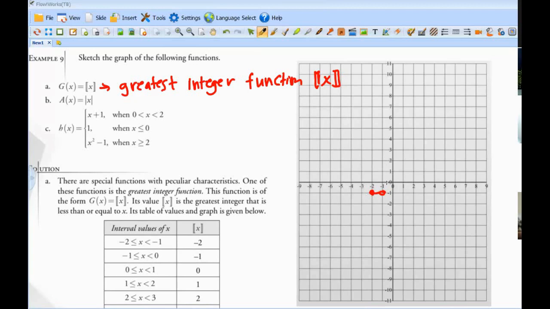And then -1 to 0, it's closed. And then 0 to +1. So we have it here, and then here open, until you go here, shaded. It's like stairs. All right. So look at the values going there. This is what you call the greatest integer function.